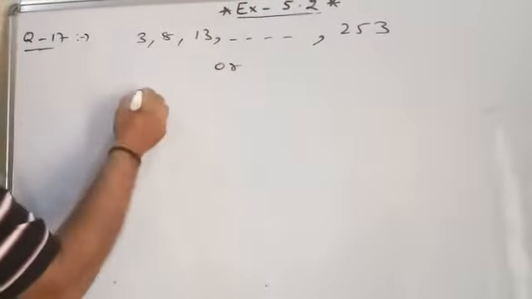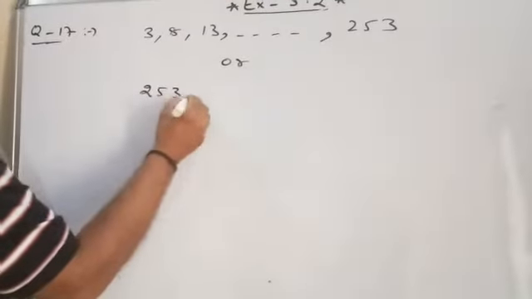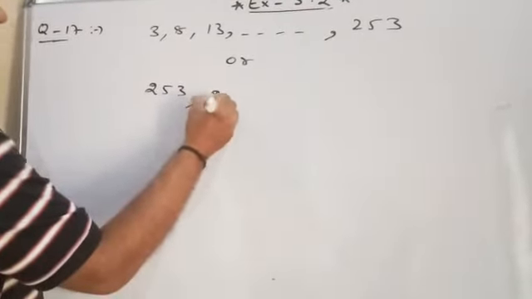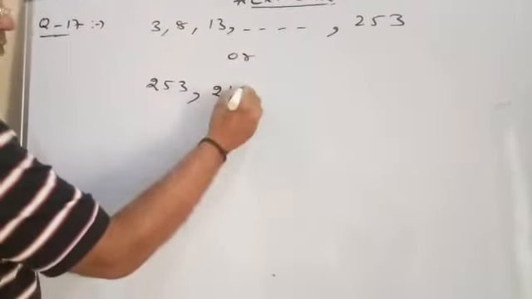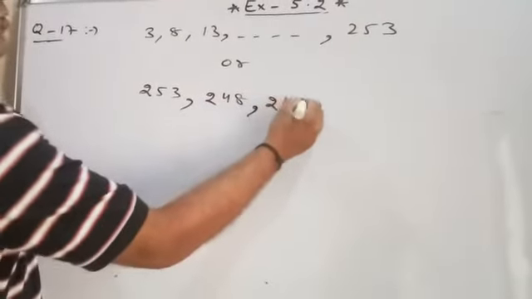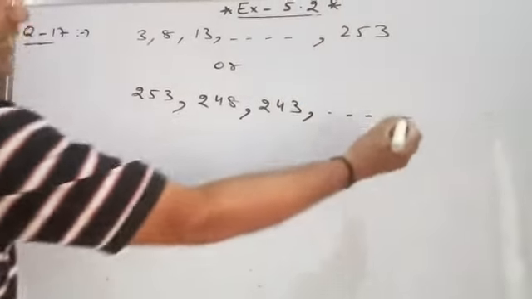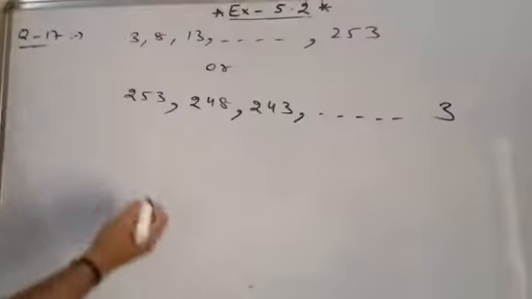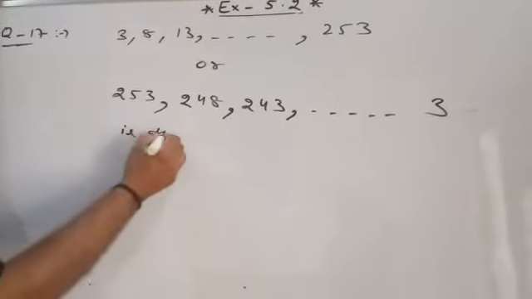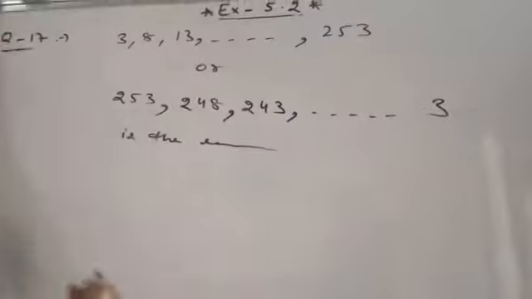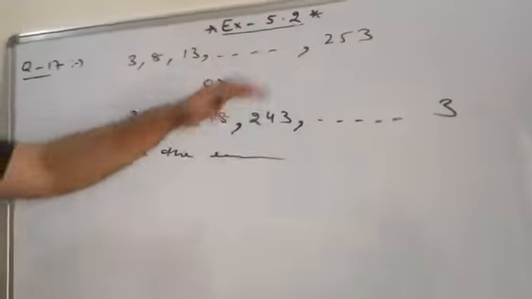You can reverse this AP: 253, difference of 5, 248, 243, and at last you can write it as the same AP, meaning you will take it in the opposite order.